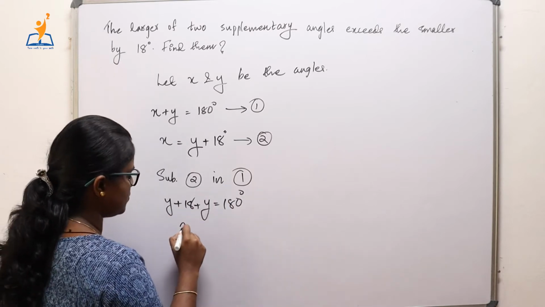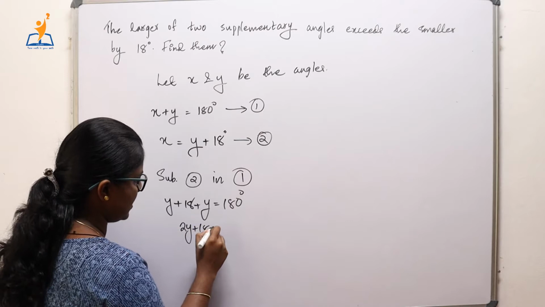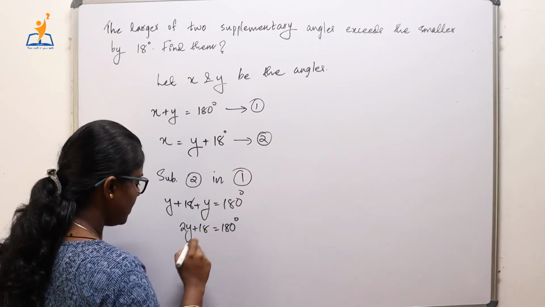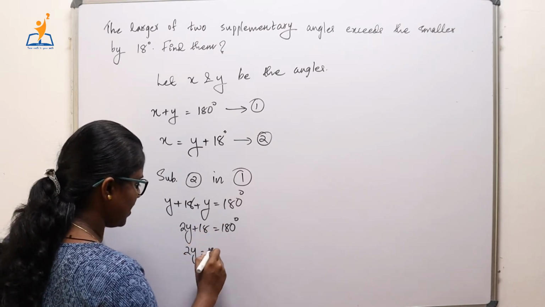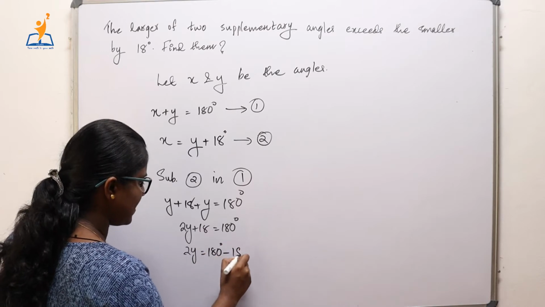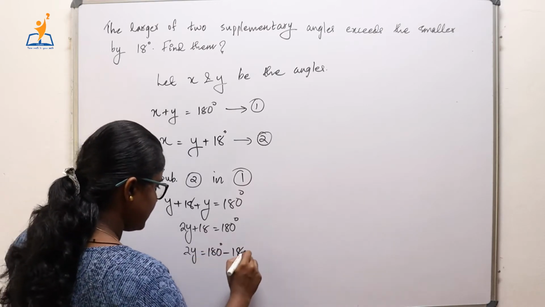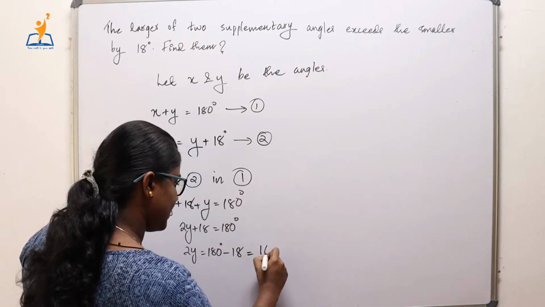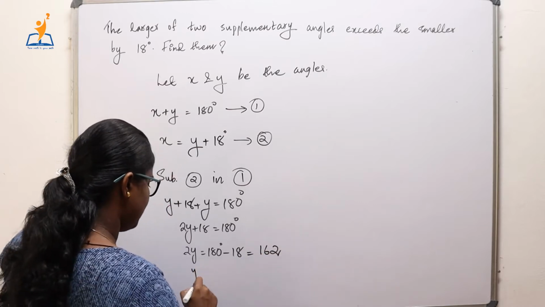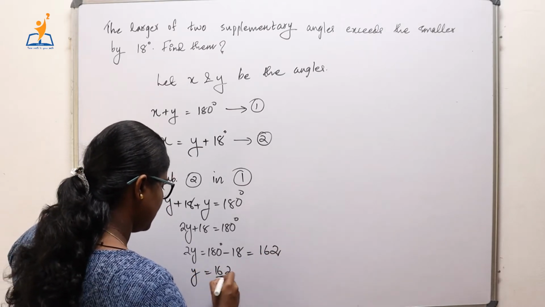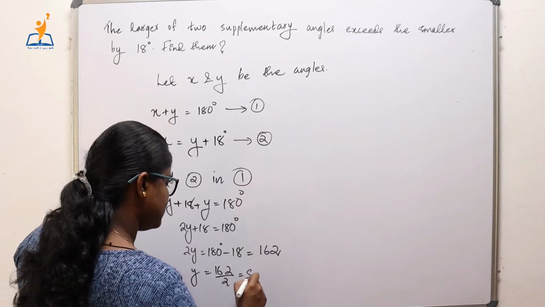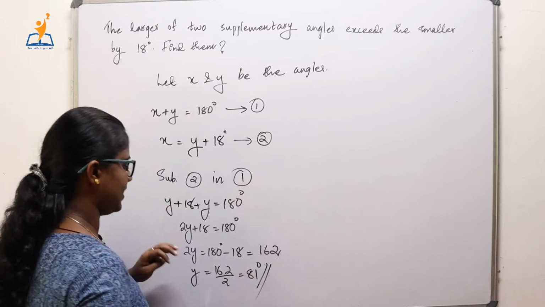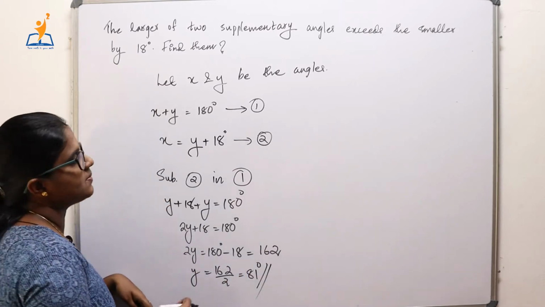Now y plus y is 2y, so 2y plus 18 equals 180 degrees. Now 2y is 180 minus 18, that is 162. Now y becomes 162 divided by 2, that is 81 degrees. So we got y as 81 degrees.